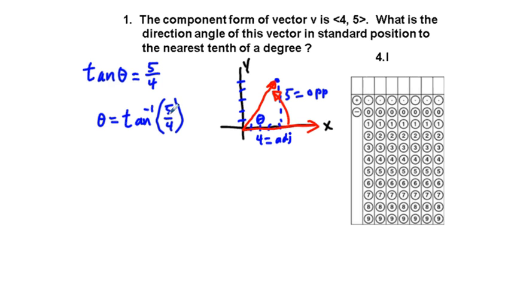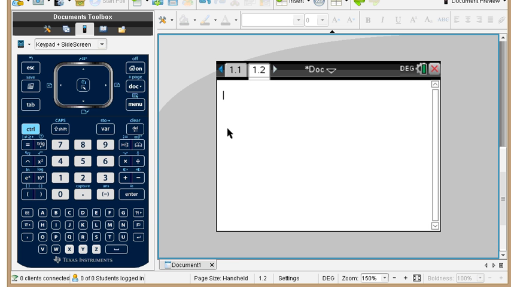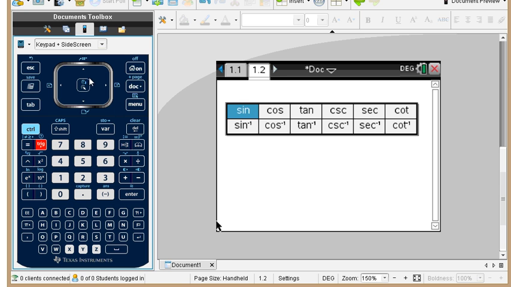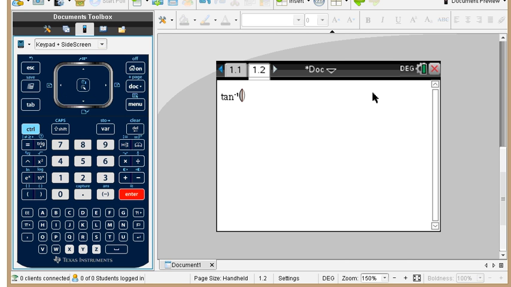Now we go to our calculator, a TI-Nspire CX, press the trig button, and make sure we are in degrees mode since we're trying to find the angle in degrees. We press inverse tangent of 5 over 4. Sometimes people put 4 over 5, adjacent over opposite. The nearest 10th would be 51.3 degrees.